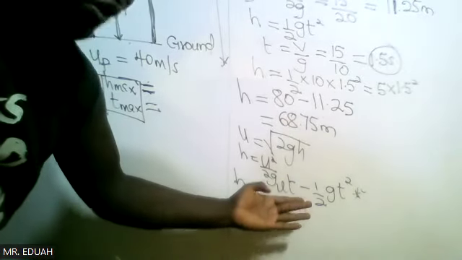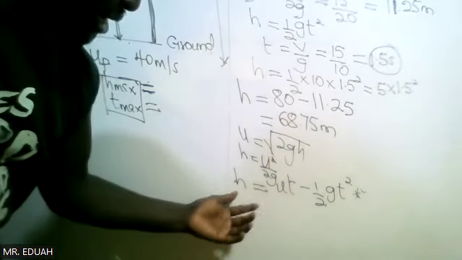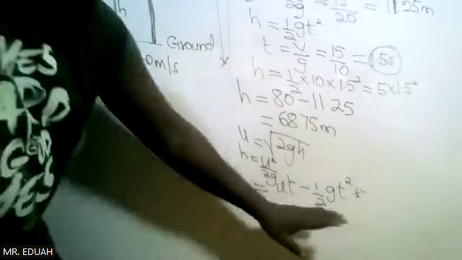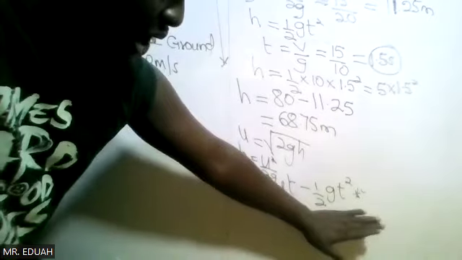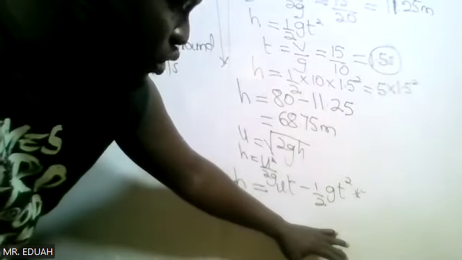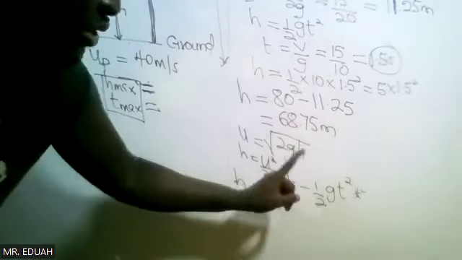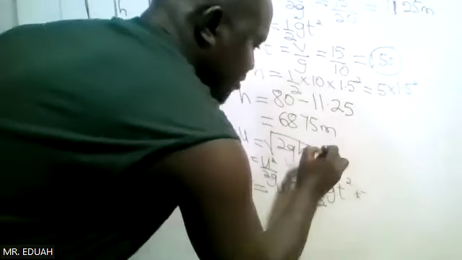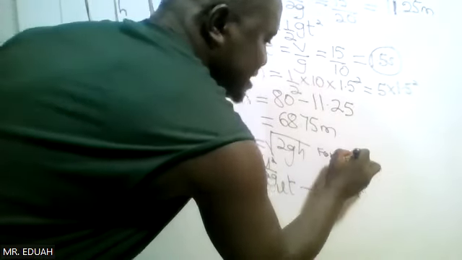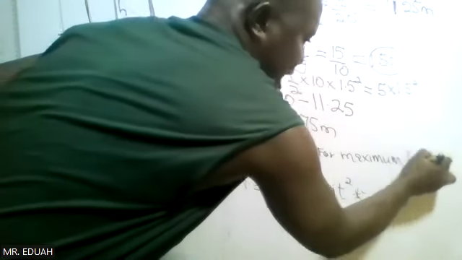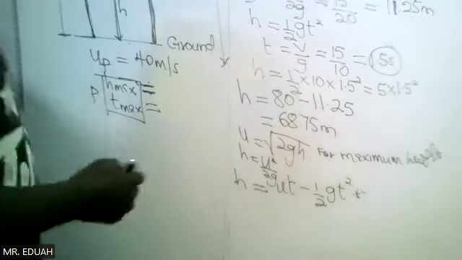When it gets to the maximum height, because you know v is 0, then you can use the other one. That's why it is for maximum height, because at the maximum height, V is 0.